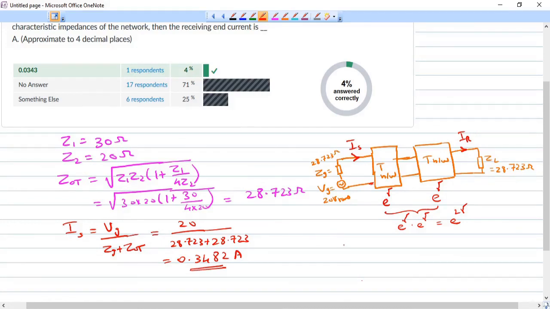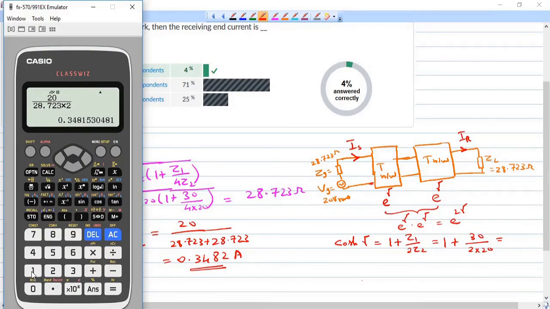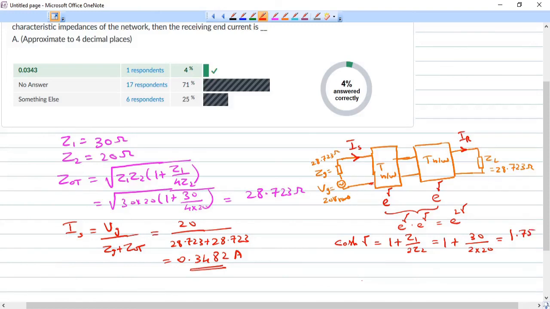Now what is gamma? We have the expression that cosh gamma is equal to 1 plus Z1 by twice Z2. That should be equal to 1 plus Z1, which is 30, upon twice into 20. So that is 1 plus 30 divided by 40, that is 1.75.